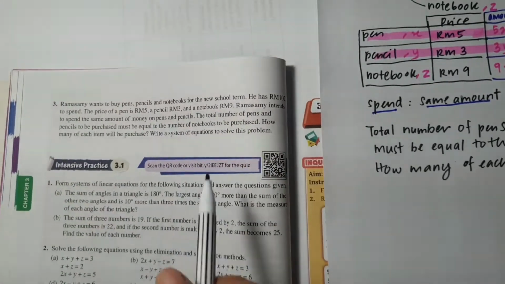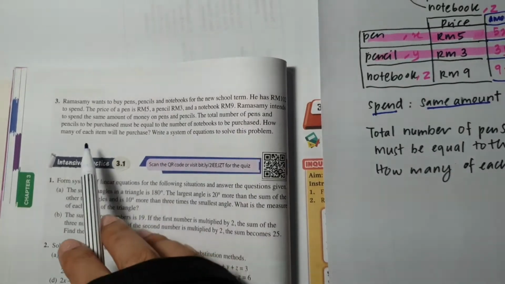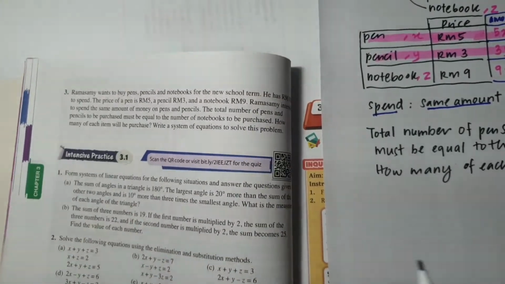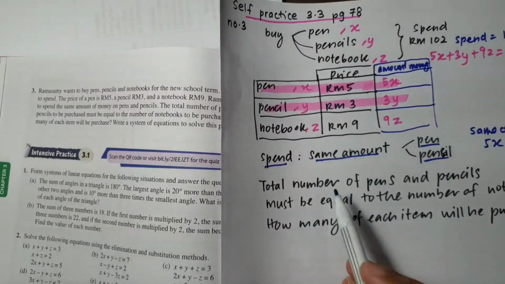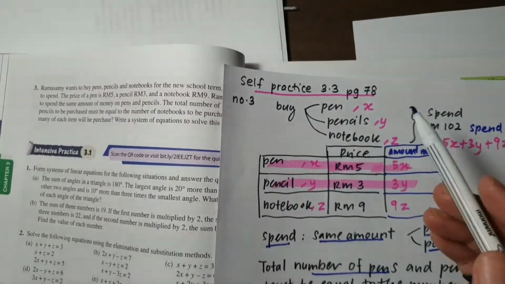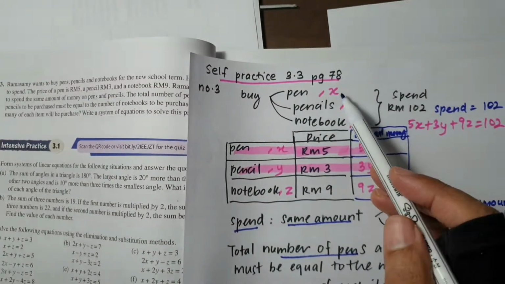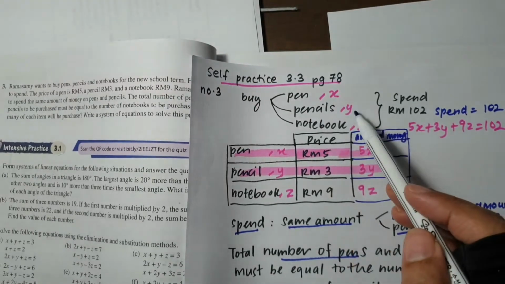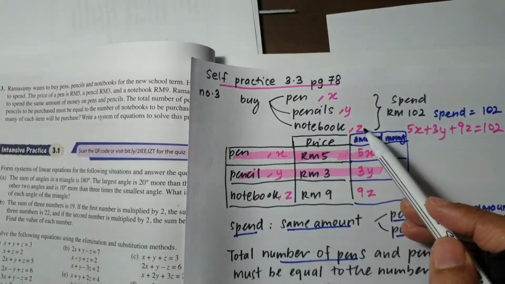Next. The number of pen and pencil to be purchased. So just now we represent x as the number of pen, y the number of pencil, z the number of notebook.